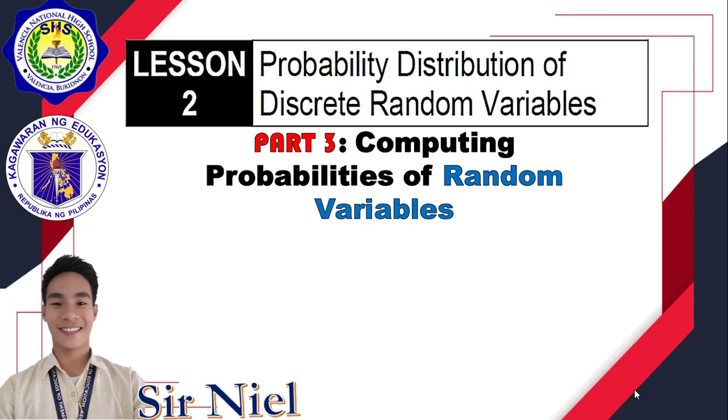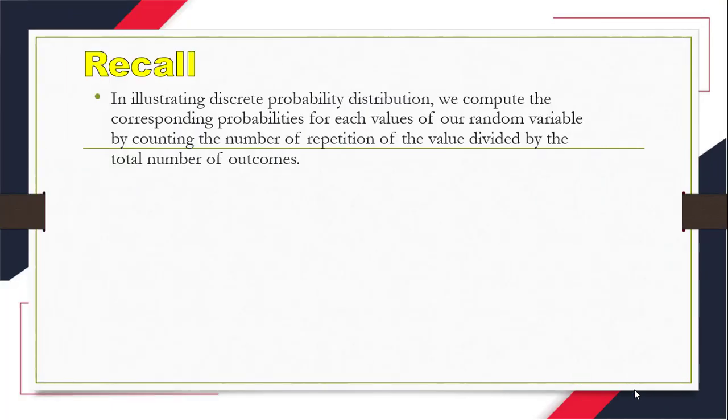Very good. So, for us to start, let us recall that in illustrating a discrete probability distribution, we compute the corresponding probability for each value of a random variable by counting the number of repetitions of the value divided by the total number of outcomes.